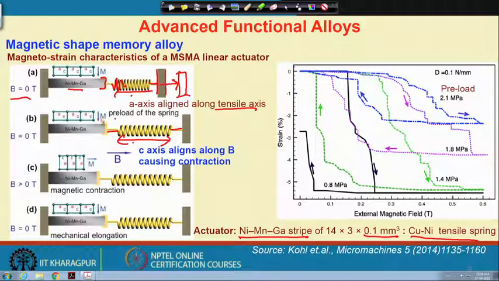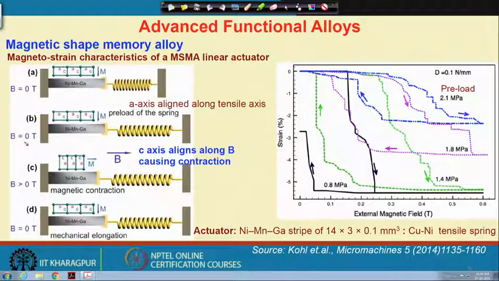However, the magnetic moments are also aligned here, and so the spring has elongated actually, right. So, the spring gets elongated, however, the length of the strip remains unchanged at a 0 applied field.